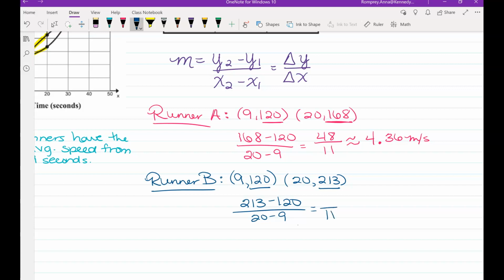And 213 minus 120 leaves me with 93 meters in 11 seconds. So when I do 93 divided by 11, I'm going to get 8.45 repeating, so about 8.45 meters per second.